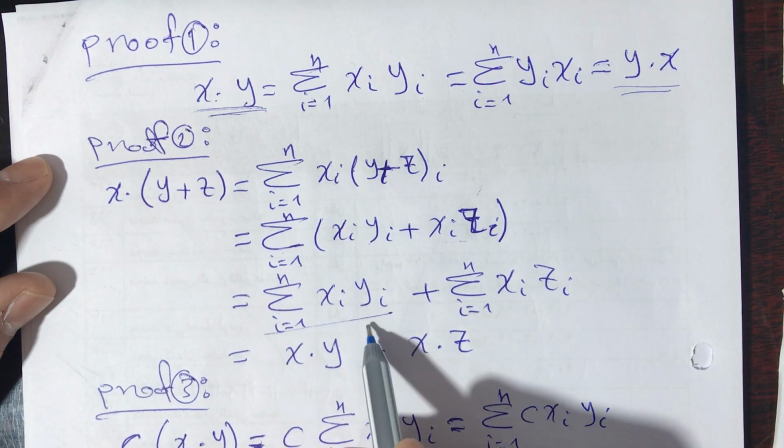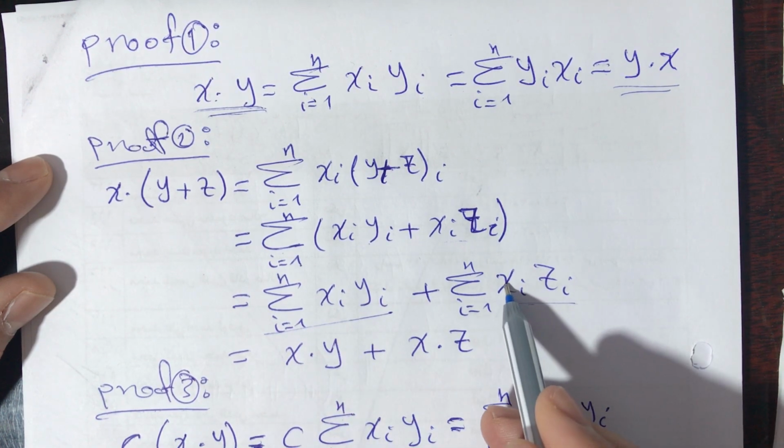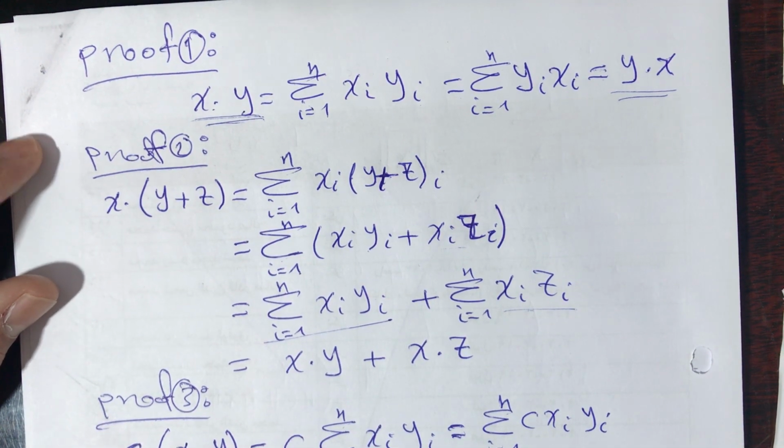This is exactly the dot product between x and y plus the dot product between x and z. And proof of 3.